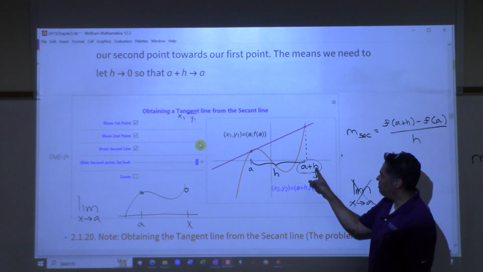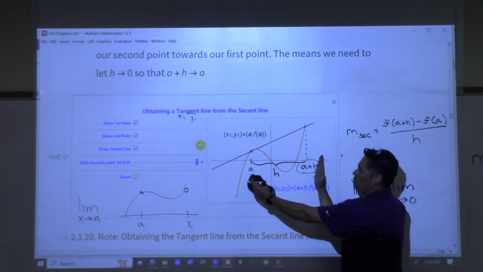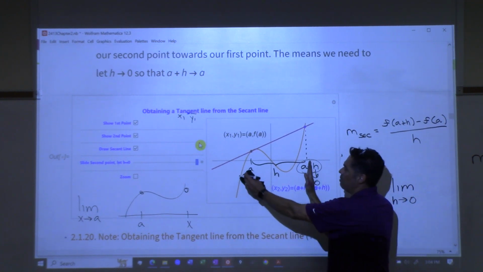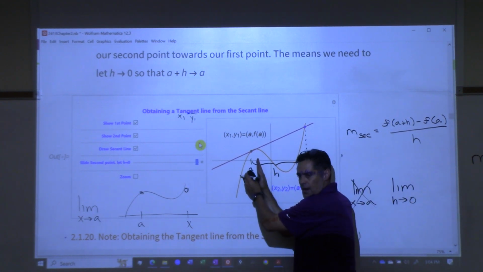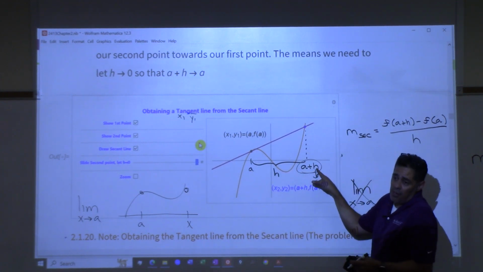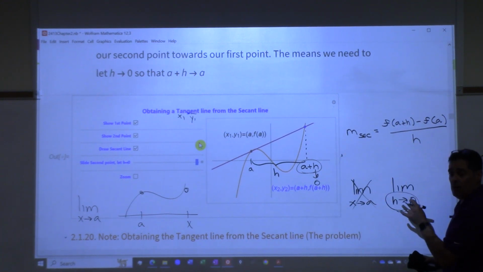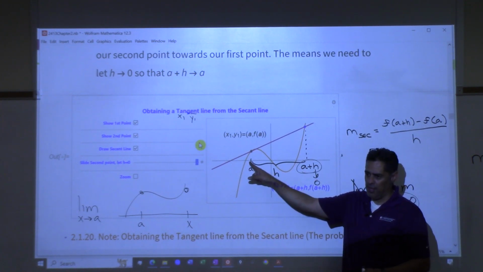Imagine that this number is, let's say, 1. If this is A plus 1, that would be one unit away, wouldn't it? But if I said this is 1/2, now you're going to move even closer. And if I say that's 1/10, now you're real close. If I say that's 1/100th, you're even closer. Ultimately, I'd like that H to go to 0, so it actually moves right on top of the other one. That make more sense? Okay.